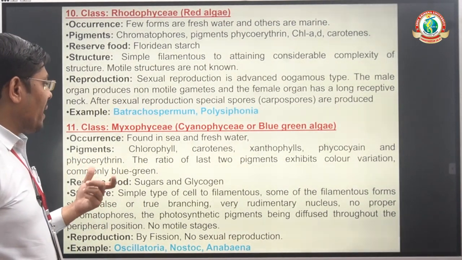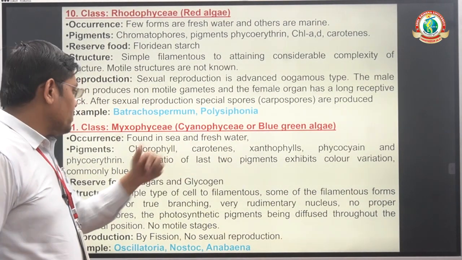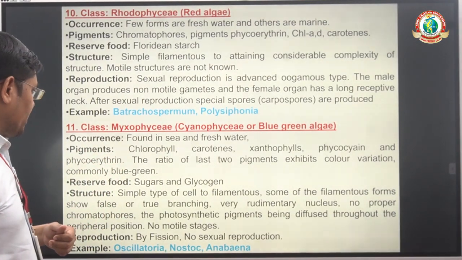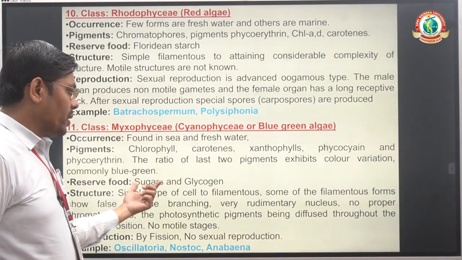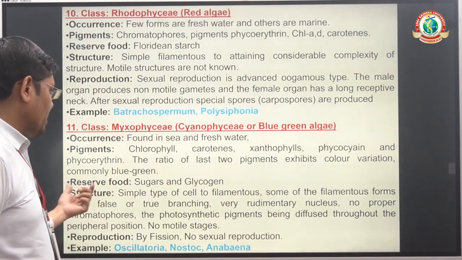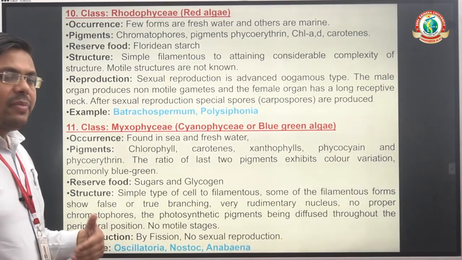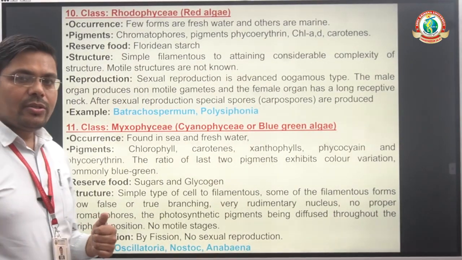These are blue and green in color because of carotenes, xanthophylls, phycocyanin and phycoerythrin. The reserve food material is sugar and glycogen. The structure is generally filamentous, reproduction is by fission, and examples are Oscillatoria, Nostoc and Anabaena.